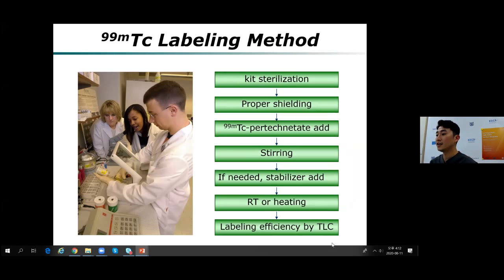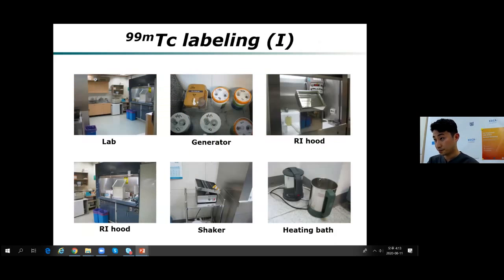We already learned the importance of the TLC check in Professor Lee's lecture. In this step, we must check the TLC for successful labeling and for free forms or other different forms we didn't expect. One check is done right before the human injection.